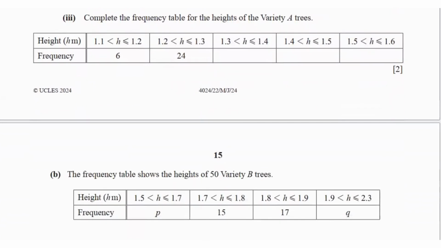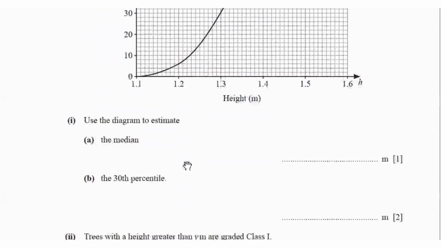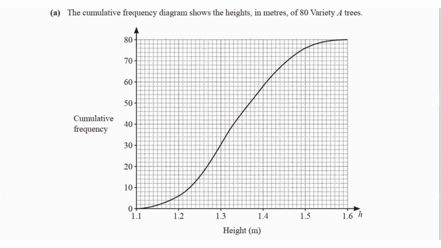Complete the frequency table for the heights of the variety A trees. So for this, what we're going to do is first find the cumulative frequency values at each of the maximum values of the intervals. So at 1.4, we have 58.